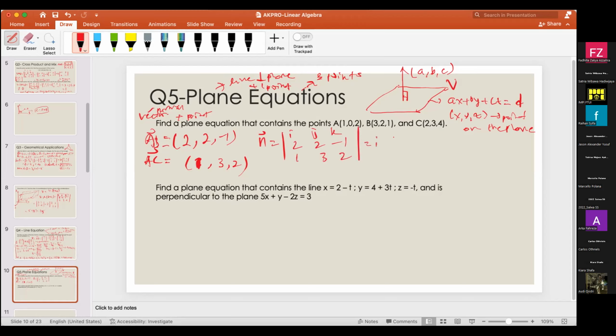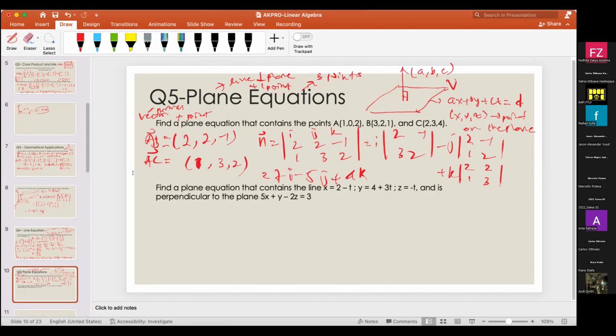This is equivalent to i times (2, -1, 3, 2) minus j times (2, -1, 1, 2) plus k times (2, 2, 1, 3). And so this is 7i, minus 5j, plus 4k.